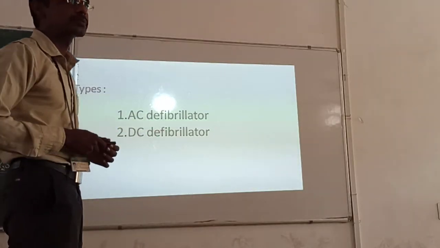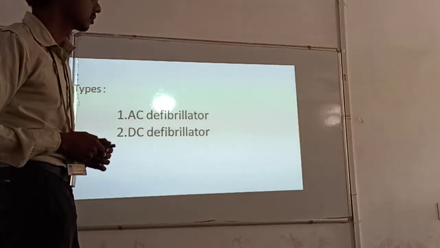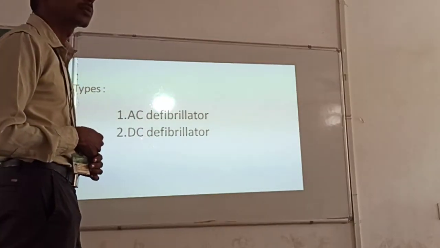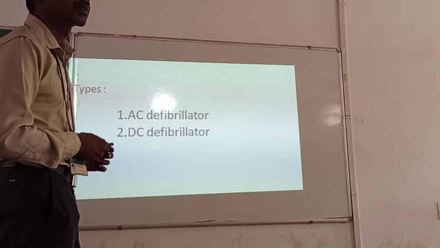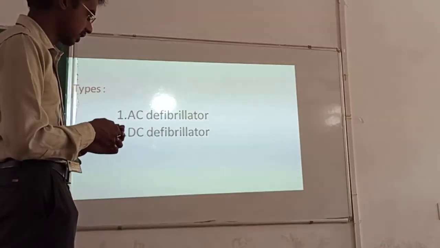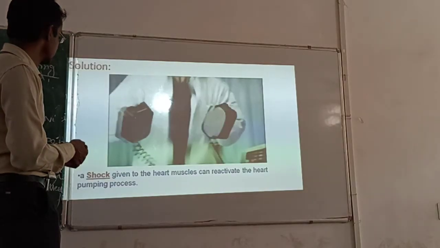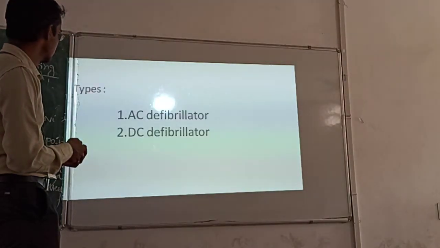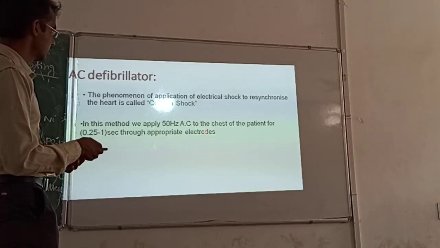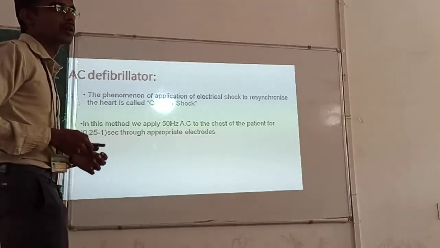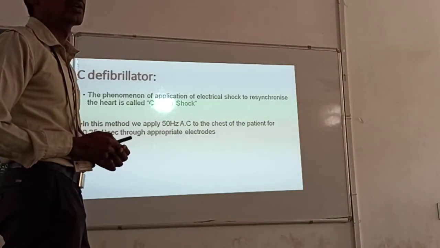My suggestion is, does the DC one function based on frequency or voltage? Voltage. The AC defibrillator works on a fixed 50 Hz. But if you select DC, a DC power supply will not have frequency, right?